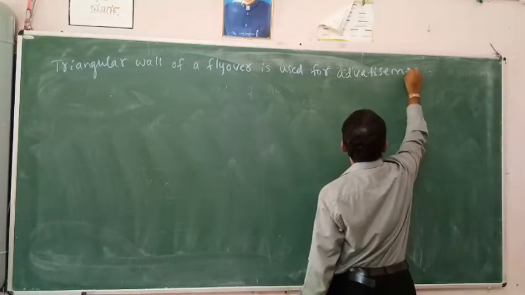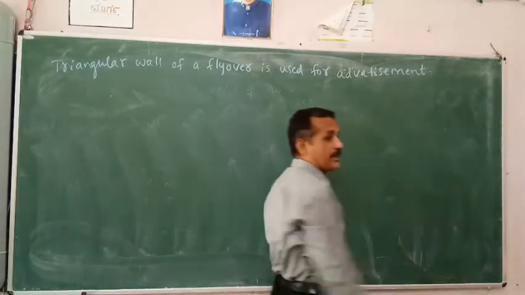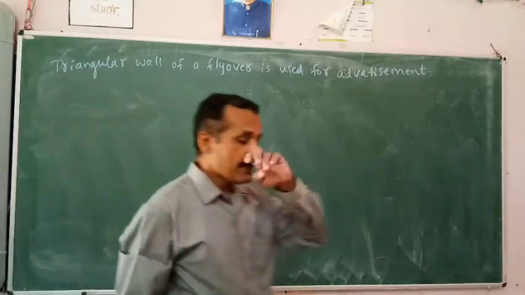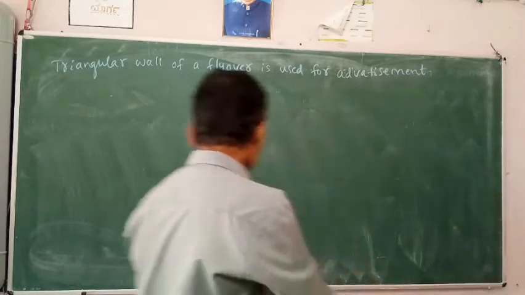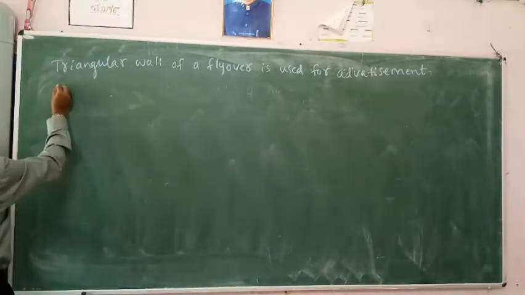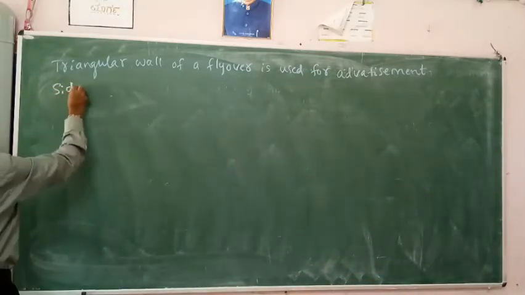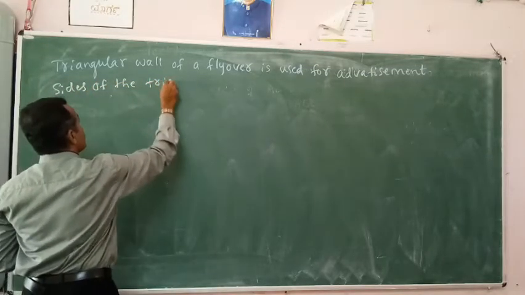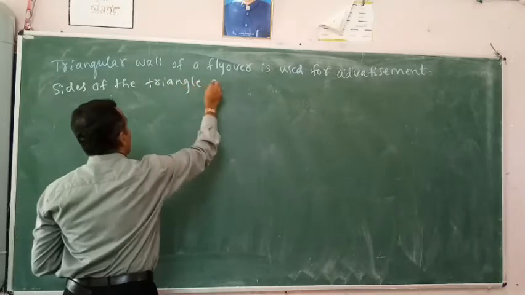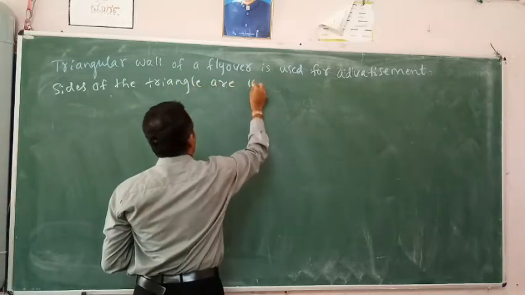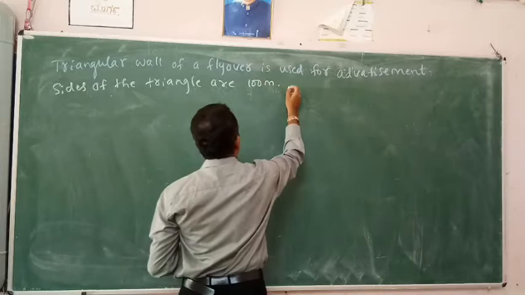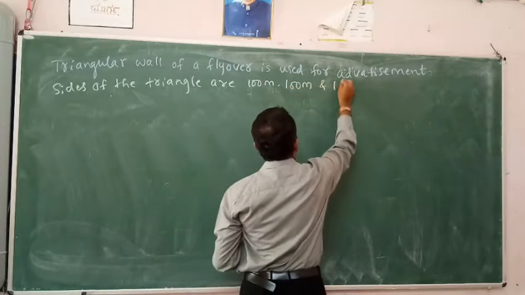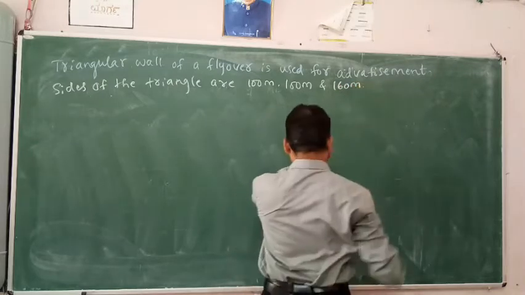Advertisement is used for advertisement. I will explain the meaning. Don't worry. First you write. Used for advertisement. The sides of the triangle are 100 meter, 100 meter and 160 meters.